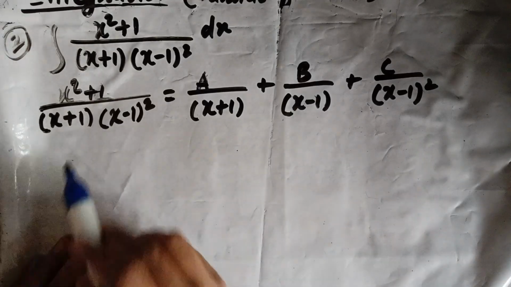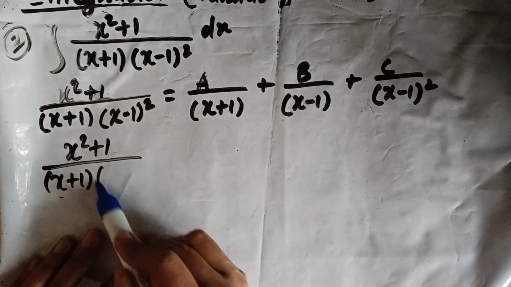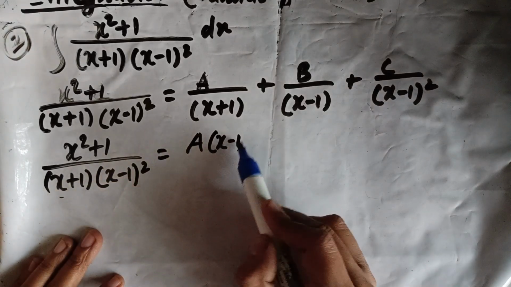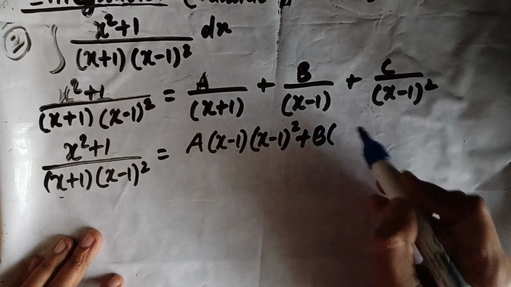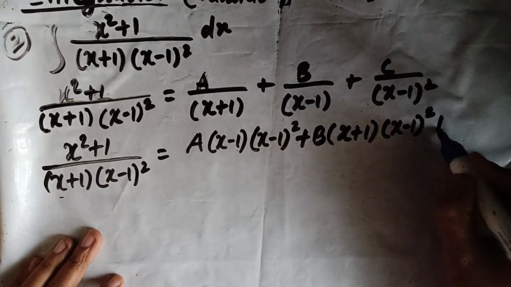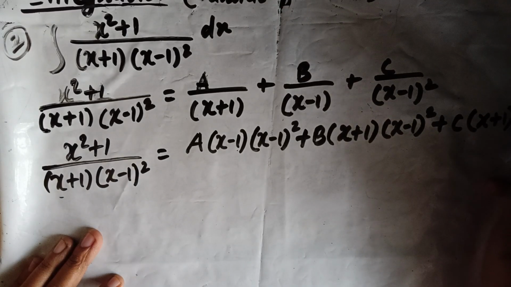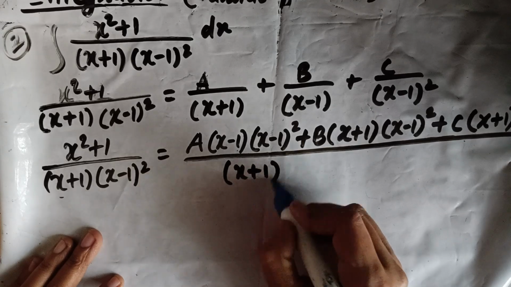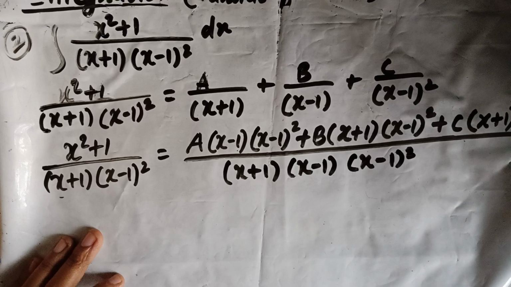So cross multiplying, you will get x square plus 1 equal to A into x minus 1 the whole square, B into x plus 1 into x minus 1, plus C into x plus 1, and in the denominator it is x plus 1, x minus 1, x minus 1 the whole square.